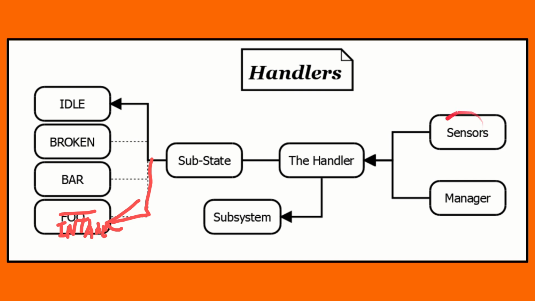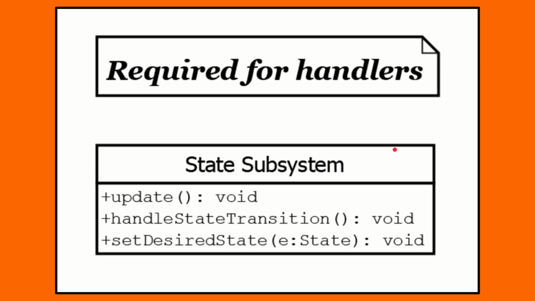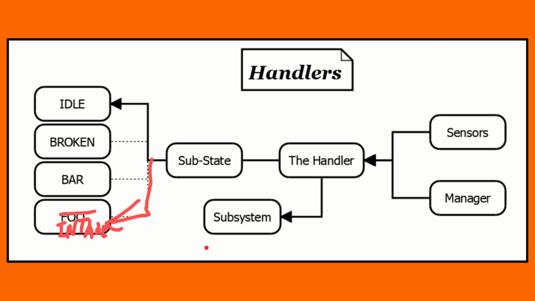Then, the sensors, if you have a beam break sensor inside your intake, because that's a pretty common one, or maybe a proximity sensor, when this sensor reads, oh, there's a game piece in there, the beam got broken, or the time of flight sensor indicated, oh, really short time of flight because it bounced off a game piece, it's going to call this setDesiredState method again.